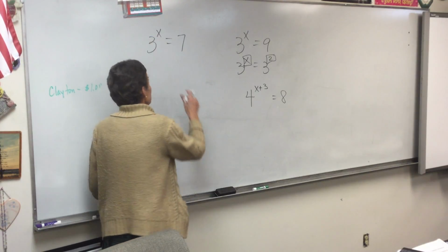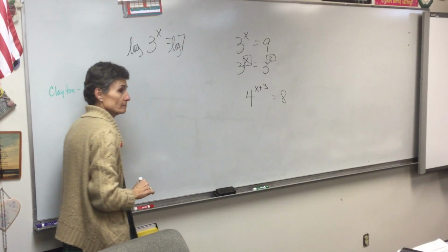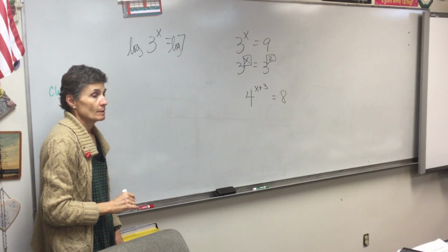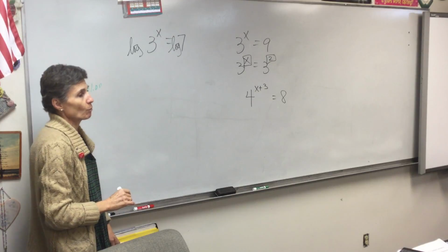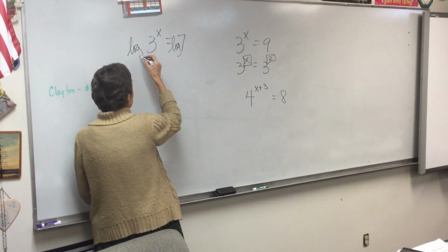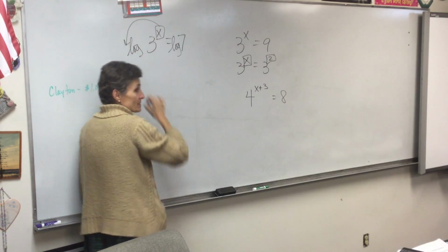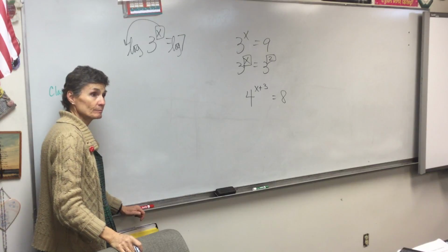So here's what I want you to do. I want you to write log on both sides of the equation. And then I want you to remember that one of the most beautiful things about logarithms is that when you take the logarithm of something to a power, that guy comes out in front. Remember that?